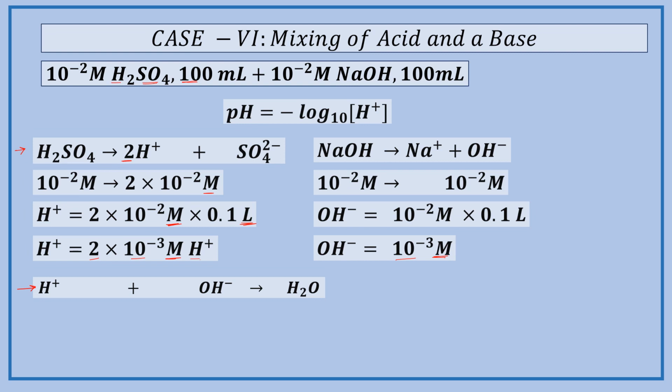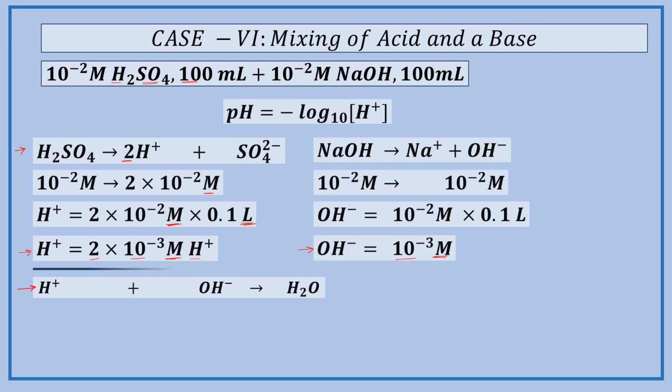In this mixture, we can see that the concentrations of H plus ion and OH minus ion are not equal. So one of these ions will get completely neutralized while the other will remain in excess, and that ion will decide the pH of the solution.